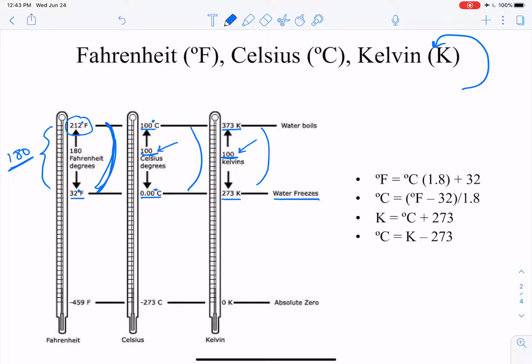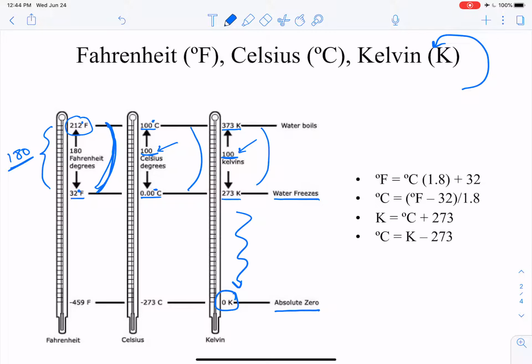We can put more of them in the same space than we can in the same space for Celsius and Kelvin. Okay, so if we go all the way down here, what we'll notice is 0 Kelvin, and that's where we have absolute 0. So we don't have a whole lot of thermal energy down there, and we haven't been able to reach absolute 0 in the lab yet, but we have come really close to it.